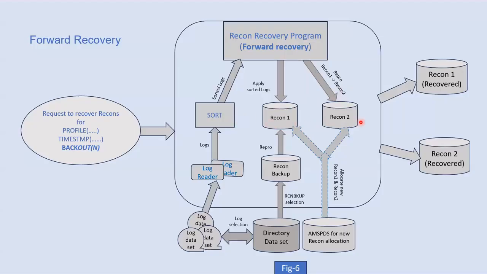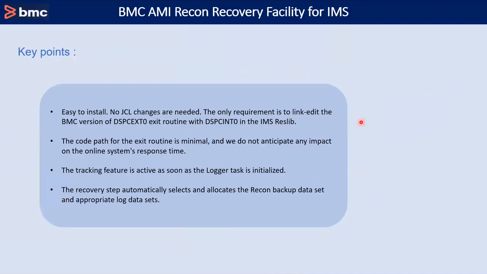Next slide, please. Okay, so that's all I have for this. The highlights or key points is this is very easy to install. You don't have to make any changes in the JCL. Only thing is to link the exit to the IMS RESLIB. The code path for the exit routine is minimal, and we don't expect any impact on the online response time.